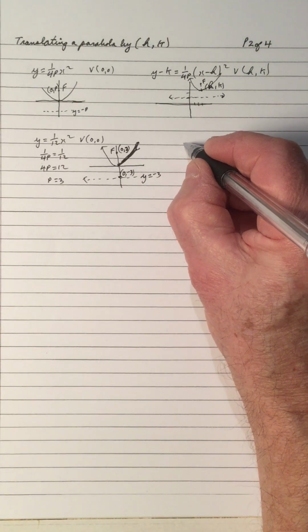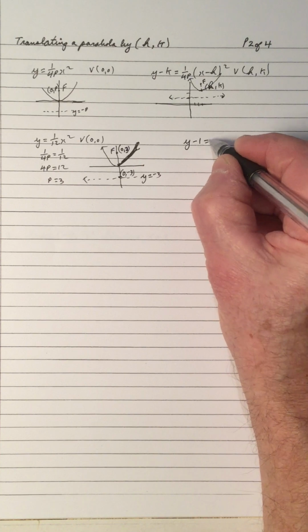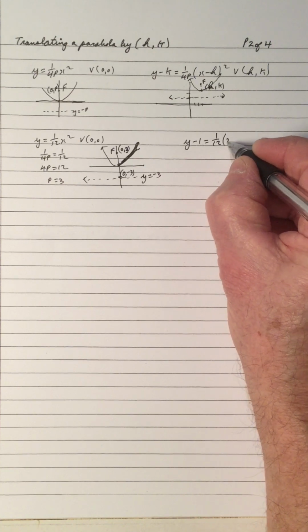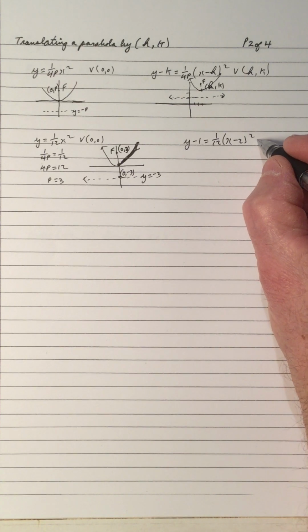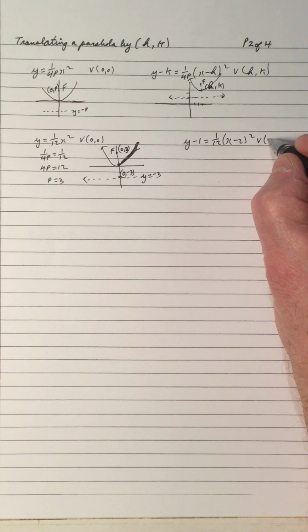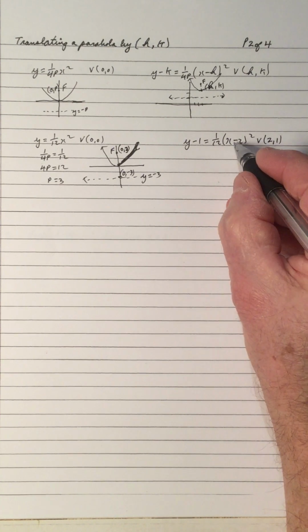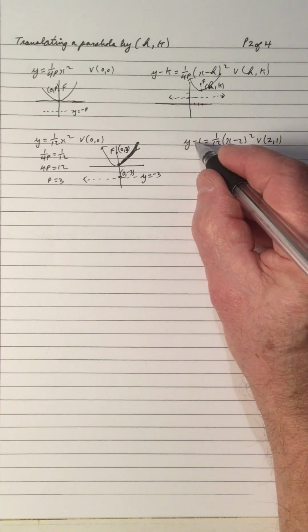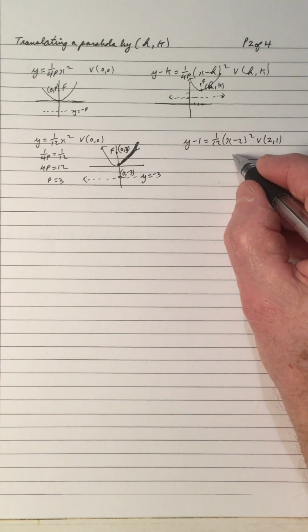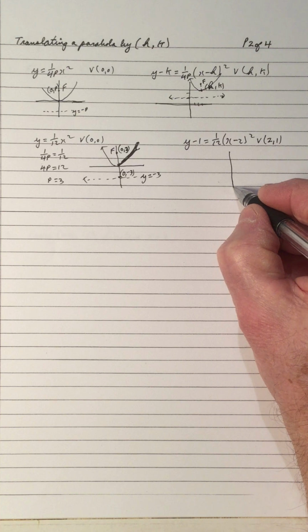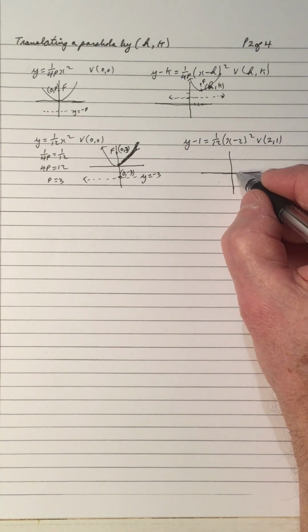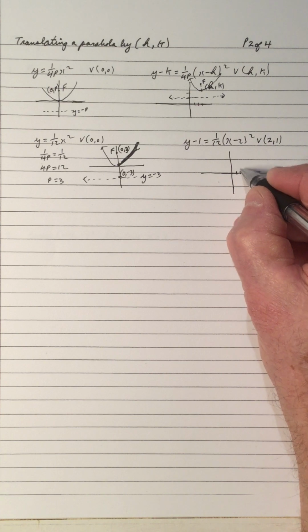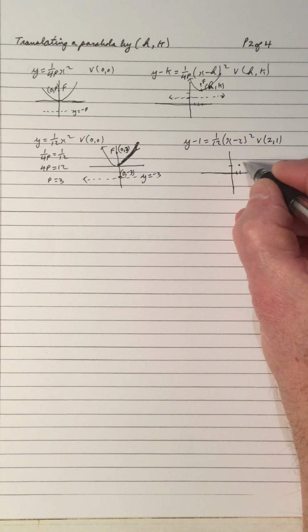But if we take the equation and go y minus 1 equals 1 over 12 times (x minus 2) squared, now we have a parabola where the vertex is (2, 1). Opposite of negative 2 is 2. Opposite of negative 1 is 1. So we have a parabola with a vertex of x is 2, y is 1.